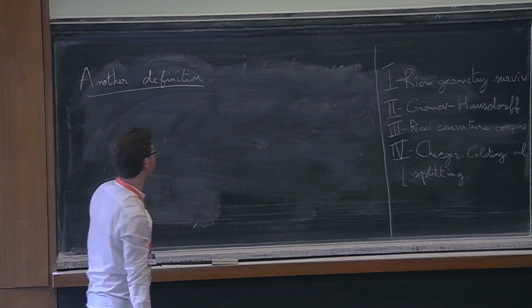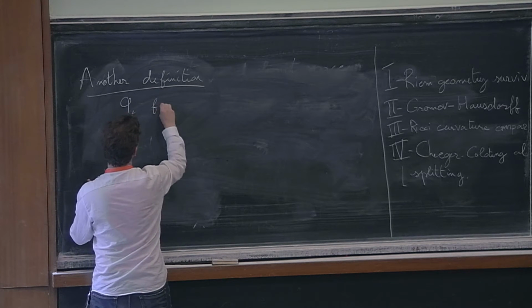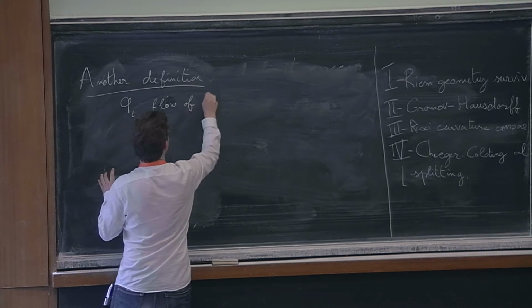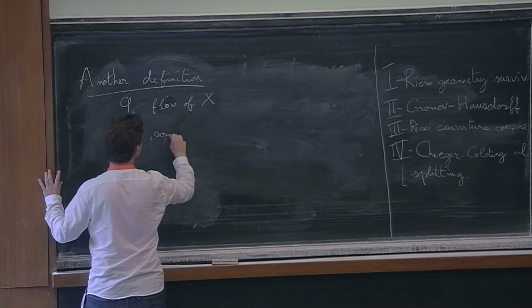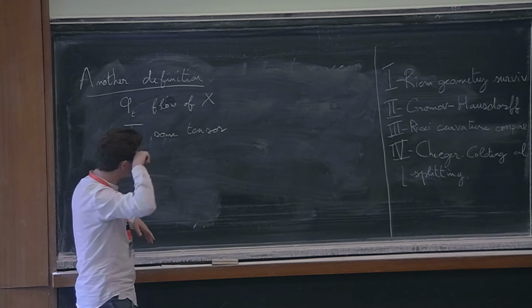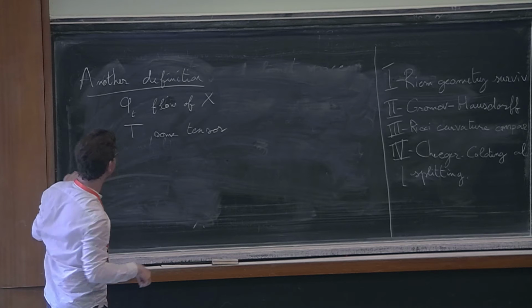Will be the following. So you take phi t to be the flow of x. So you take t to be some tensor. Let's say a metric, for instance. That's really interesting for a metric or for one form.